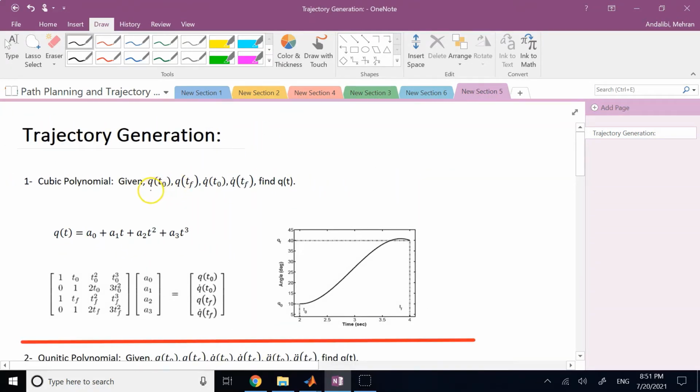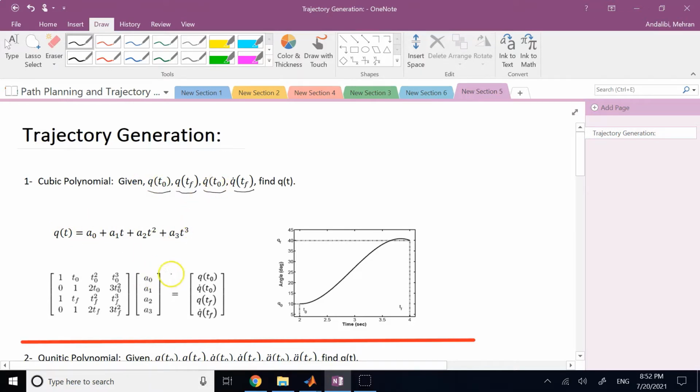The joint variable at the beginning time, the joint variable at the final time, and then the joint velocity at the beginning and the final time. So all you know are the joint values at the beginning and at the end, and the joint velocities at the beginning and at the end. And here we are just focusing on one variable, so q is not a vector, it's just one variable.